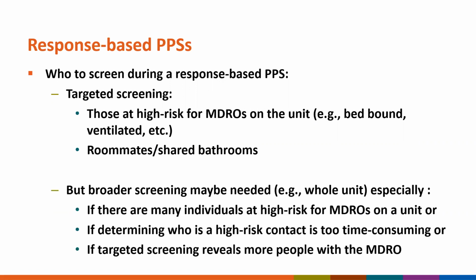However, oftentimes broader screening, such as an entire unit or even a facility, is needed. As in our case example, almost all people on a ventilator unit are considered at high risk for MDRO colonization. Or if determining who is at high risk is just too time consuming and will delay the PPS, or if the initial targeted screening reveals more people with the MDRO, then broader screening is also warranted.